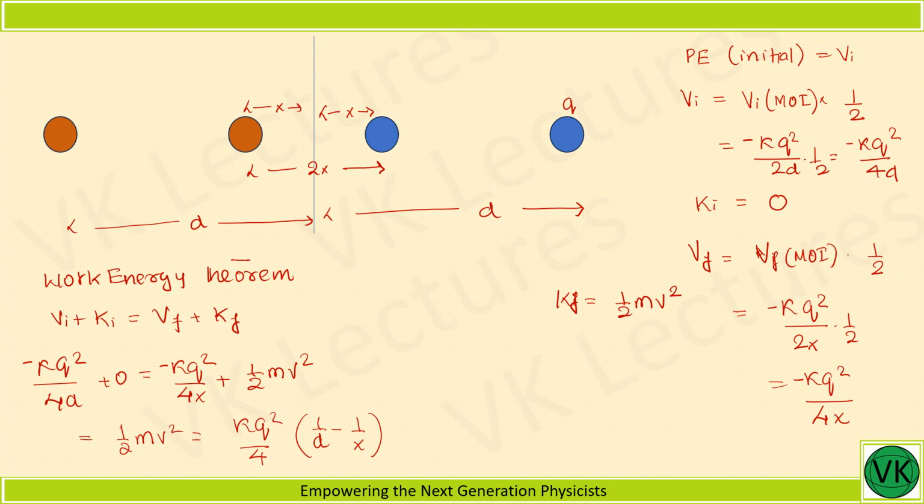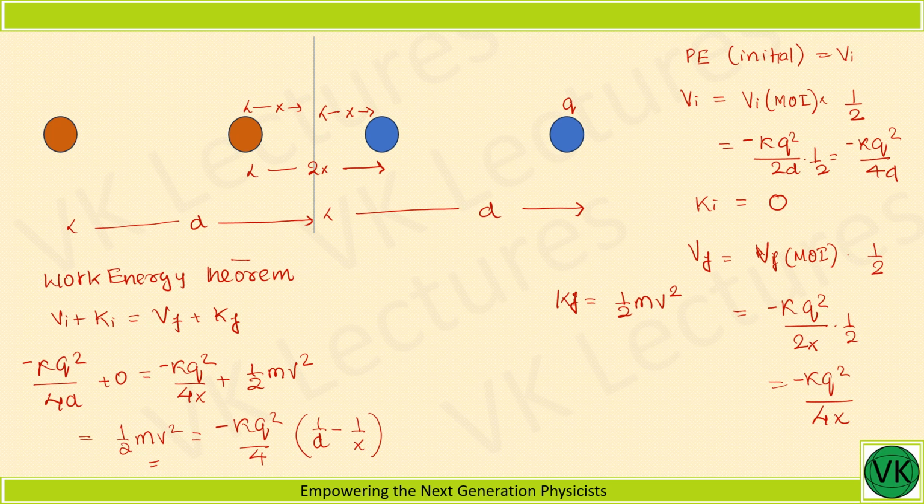Now it becomes minus half mv square. Now 1 by d minus 1 by x will be a negative quantity, and minus kq square by 4d is also a minus quantity. That means half mv square, kinetic energy, cannot be negative.